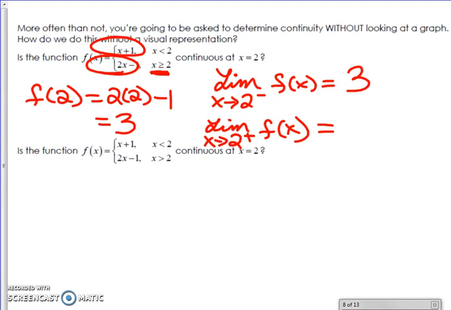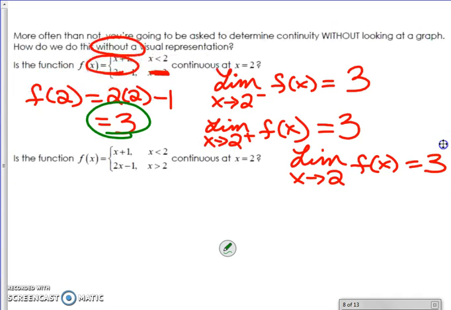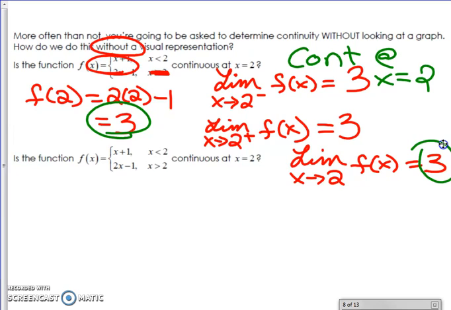So when I plug in a 2 into that equation, I also get 3. So that tells me that the limit does exist. So I should be able to conclude that the limit as x approaches 2 of f of x equals 3. So now I know that the limit is 3, and when I evaluated, I got 3. Since those two are the same number, we can conclude that this is continuous at x equals 2, because the limit and the evaluation are the same.